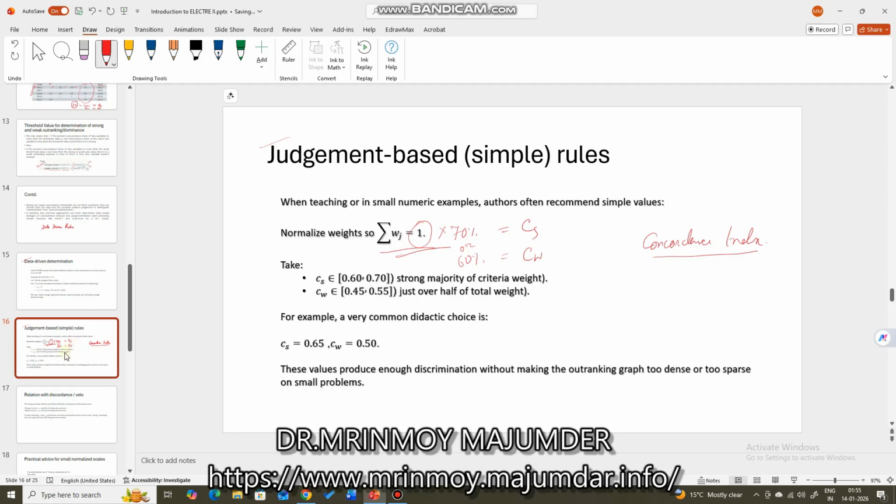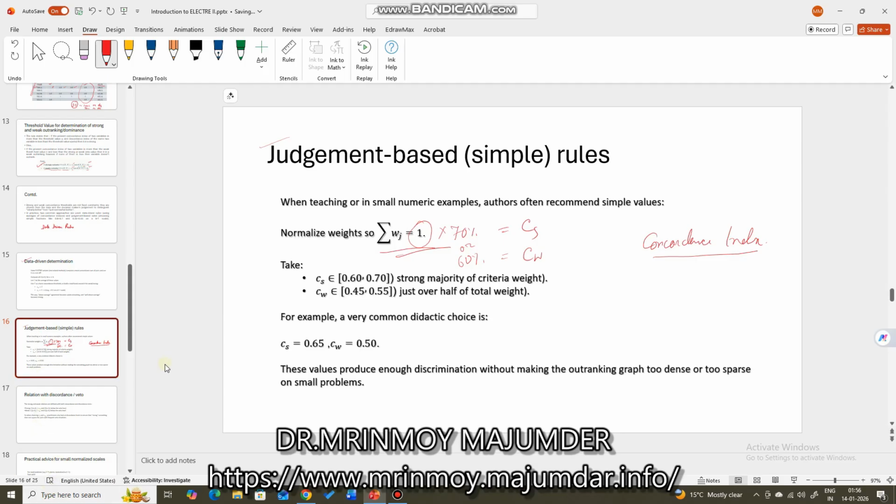If our discordance index is less than that value, that becomes strong outranking by discordance. For weak, we keep the average discordance as the weak discordance threshold. So that is the way for data driven.